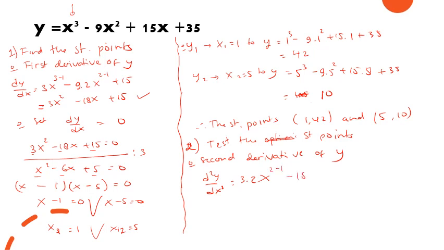And then minus 18. So it becomes 6x minus 18. So this is the second derivative. And then check the x stationary values.